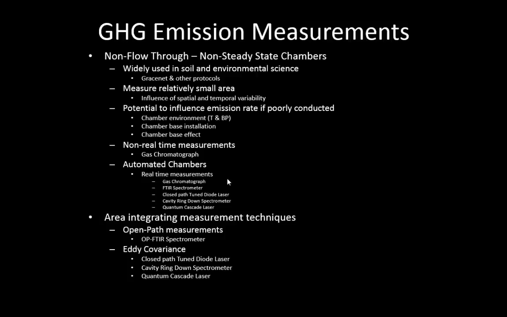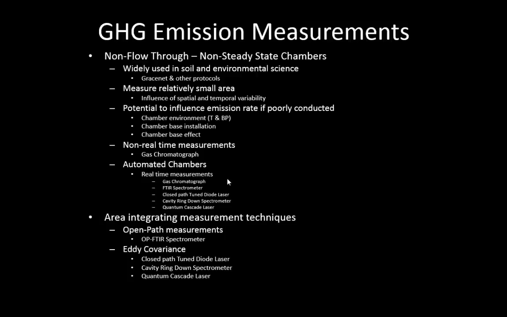Area integrating techniques. A number of people have used open path measurements using FTIRs to measure emissions from feed yards. So you're integrating that spatial variation. If you measure for long enough, you pick up the temporal variation. They're challenging to operate under feed yard type environments for any length of period of time.